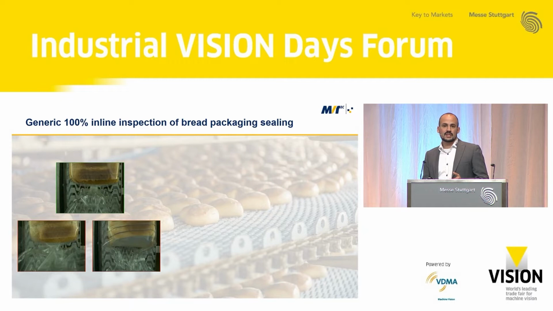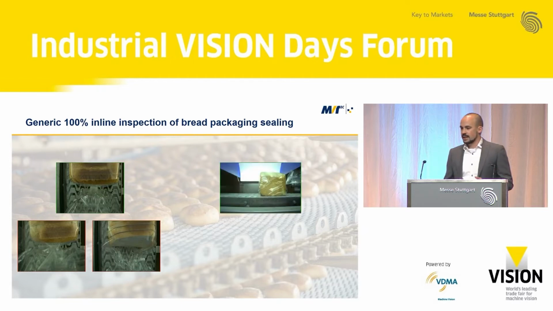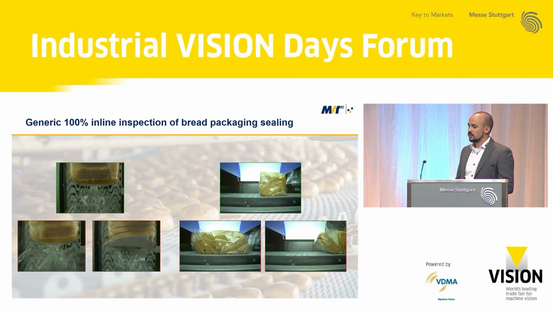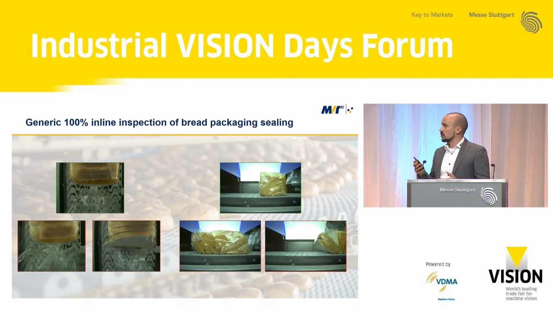And on the left, you can see an image in which it's quite difficult to see if it's closed correctly or not. The side view, which was also used for this inspection, looked like this. A small package, but there were also bigger packages, so different sizes, and 2 typical errors of this task here.